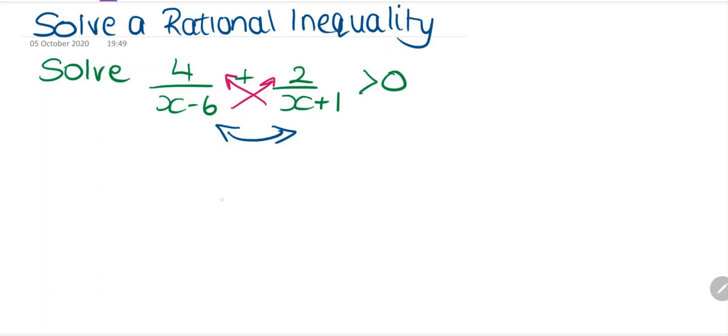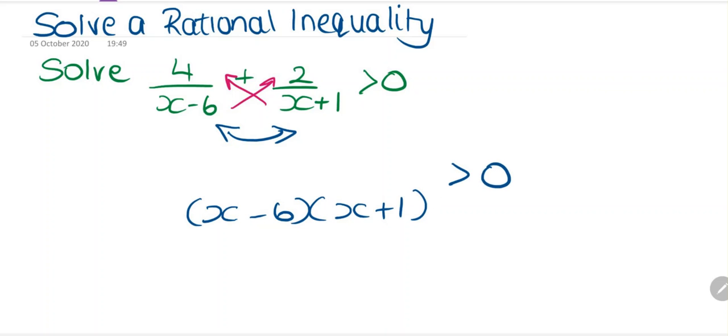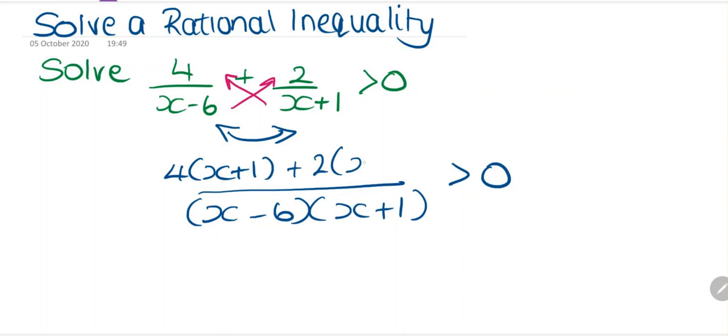So on the denominator, we'll have x minus 6 and x plus 1. And then our terms, so we're going to multiply 4 times x plus 1, and we're going to multiply 2 by x minus 6. So I just need to multiply. So we've got 4x plus 4 plus 2x minus 12.